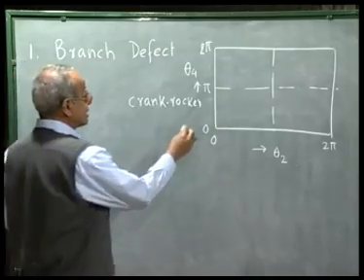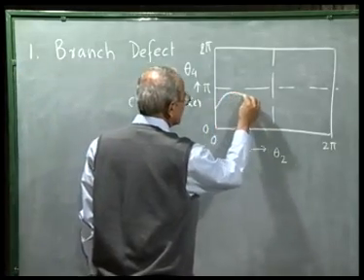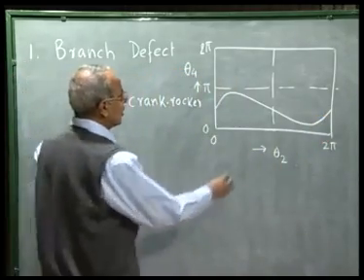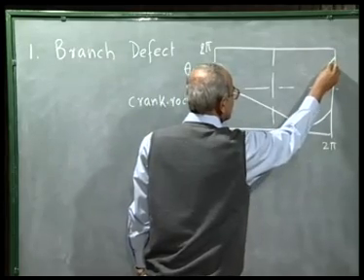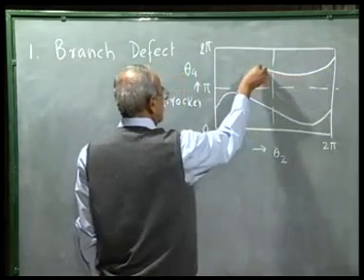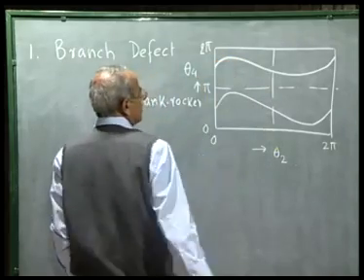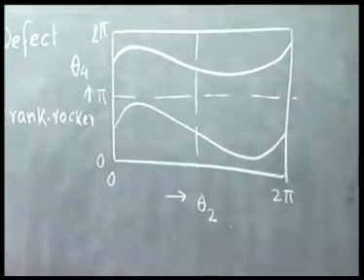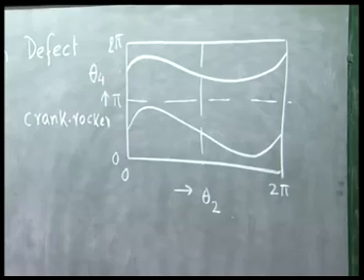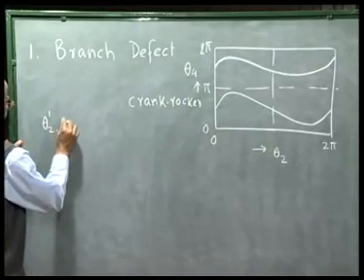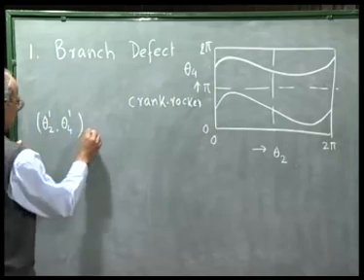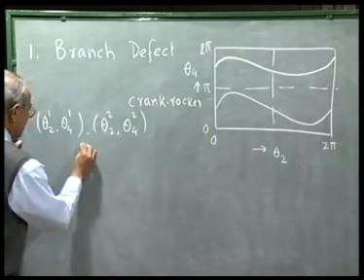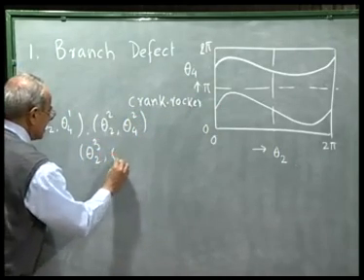And there are two distinct branches in the sense that for one mode of assembly, maybe this is the relationship between theta 2 and theta 4, whereas for the other mode of assembly, this will be the relationship between theta 4 and theta 2. Now, when we do 3 position synthesis, suppose the desired values are theta 2 1, theta 4 1, theta 2 2, theta 4 2, and theta 2 3 and theta 4 3.